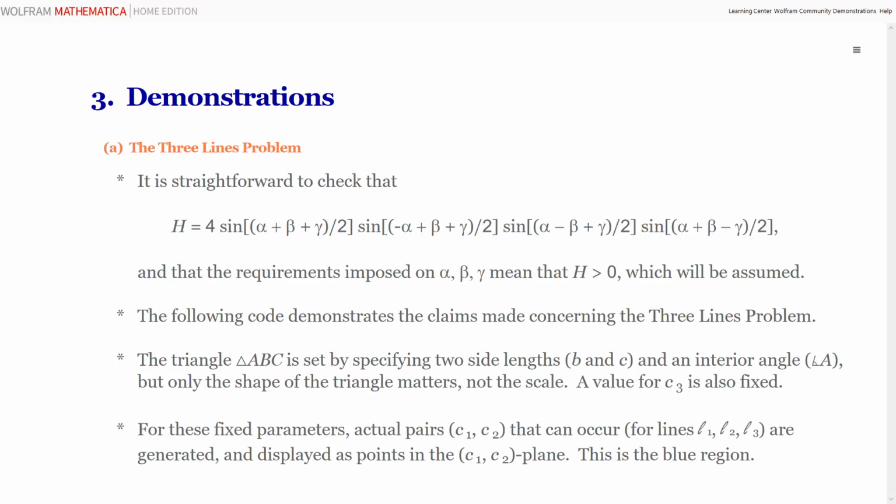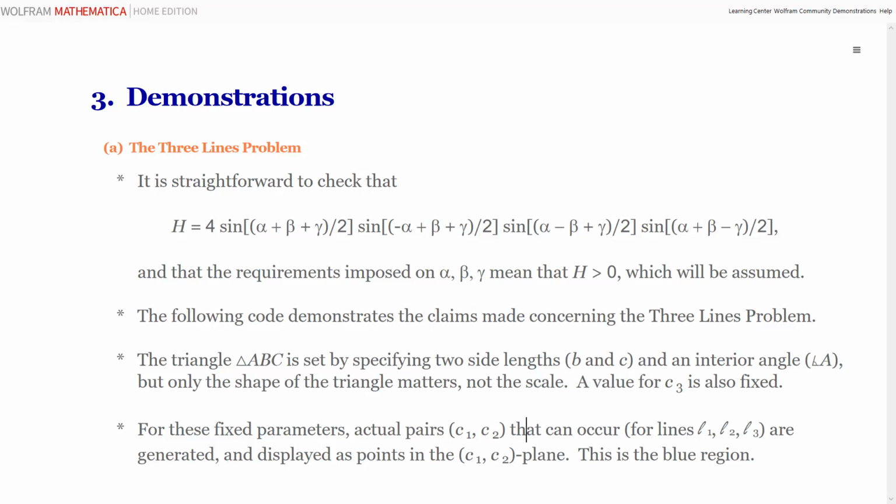Okay, now it's more convenient and frankly more aesthetically pleasing to work with the cosines. So instead of thinking of pairs alpha comma beta, I'll think of pairs C1 comma C2. And I'll treat such a pair as a point in a plane. Yeah, and I'll call the plane the C1, C2 plane to emphasize that the horizontal axis is for C1 and the vertical axis is for C2.